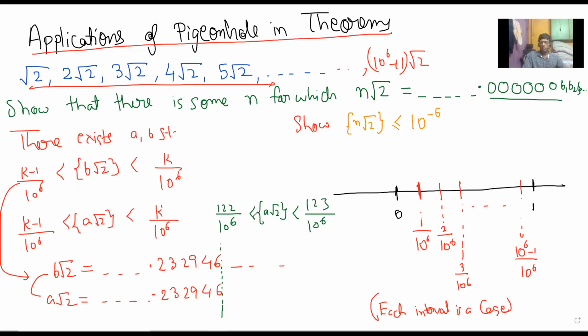Well, one way in which I would maybe say is that if you multiply this with 10 raised to the 6, then what do you get? You get 10 raised to the 6 A root 2.